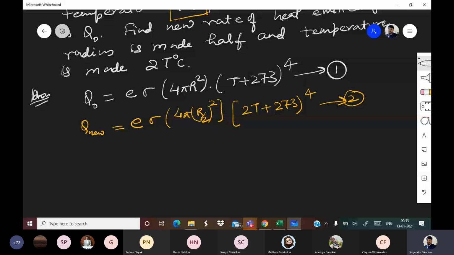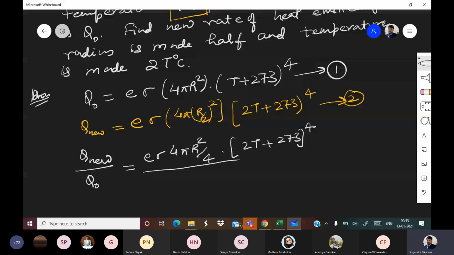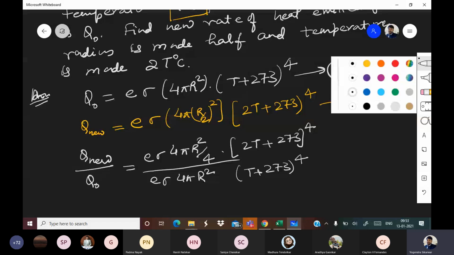Okay, so Q new upon Q naught is equal to E sigma 4 pi r square upon 4 into (2T plus 273) to the power 4, upon E sigma 4 pi r square (T plus 273) to the power 4.